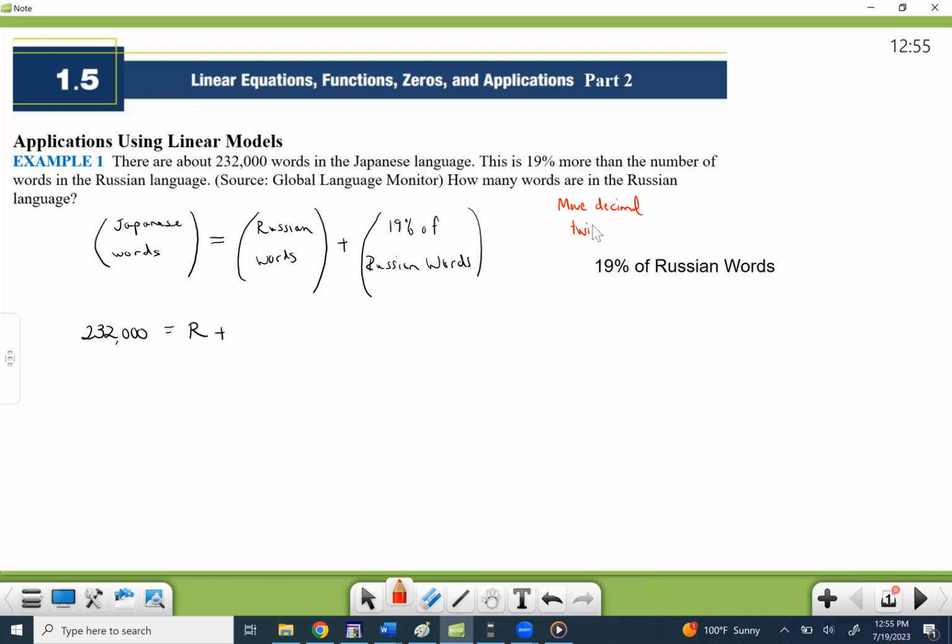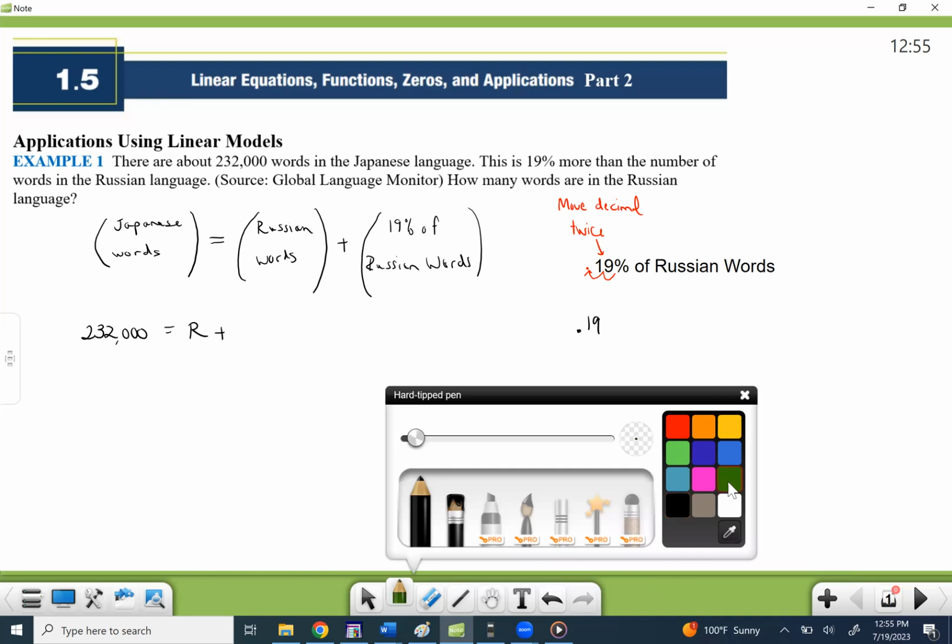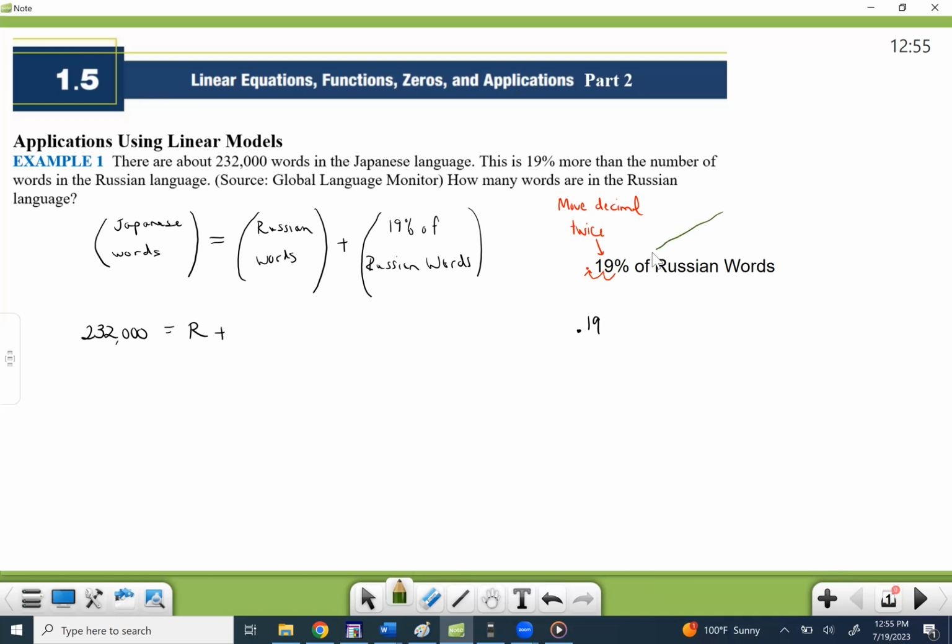Always, you guys, when converting from a percent to a decimal or a decimal to a percent, you've always got to move it twice. So 1, 2, it's going to go right here. So this is going to end up being 0.19. Then another important little fact to know is that of means multiply.